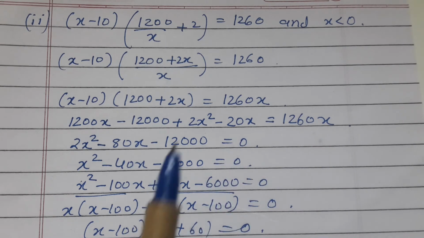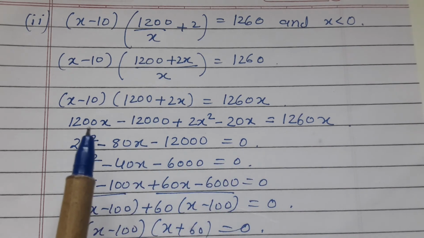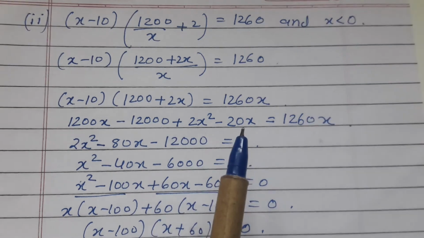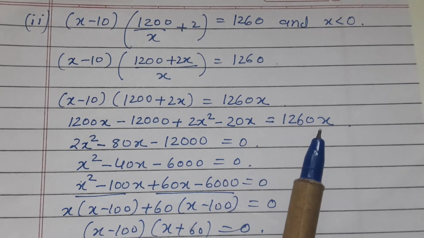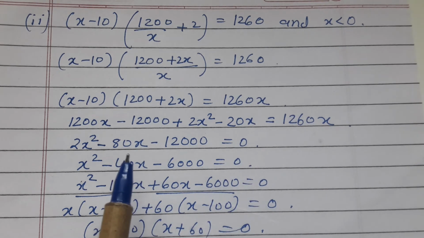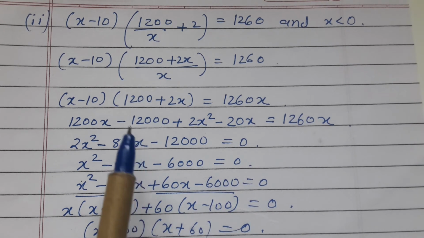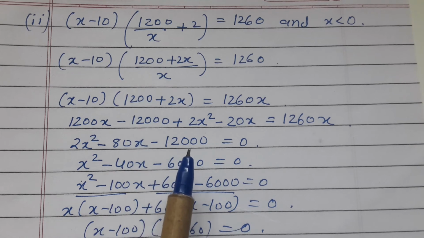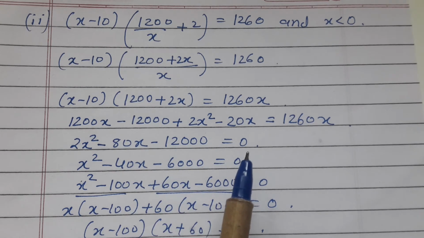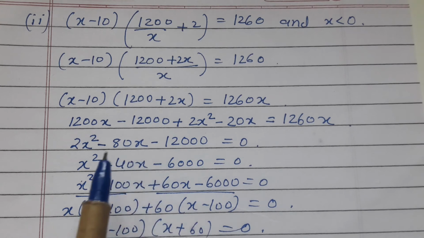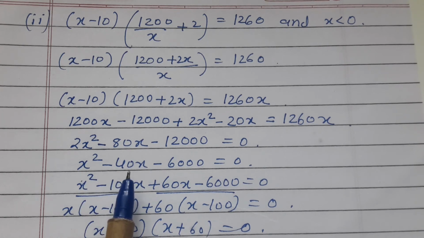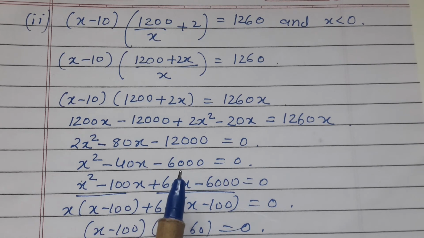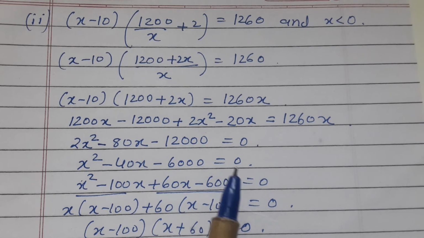Now 2x², 1200x − 20x − 1260x is equal to −80x − 12,000 equals to 0. Since all the terms are divisible by 2, we divide by 2. We get x² − 40x − 6,000 = 0.